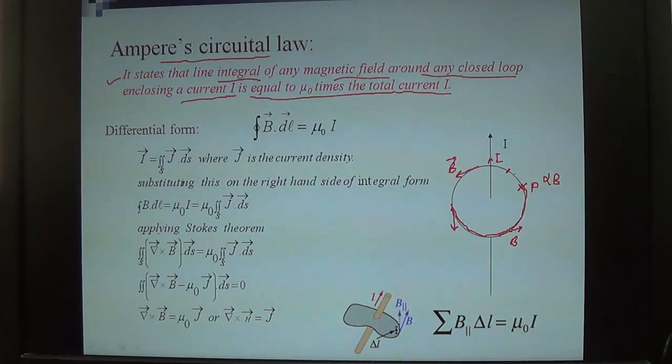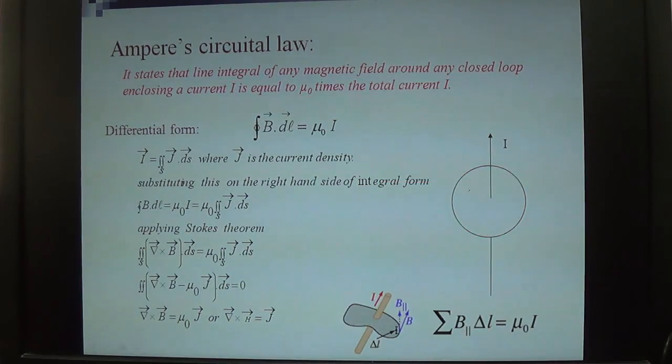If I consider a small segment of length dl, then vector dl will be in the same direction as B. So B and dl are both parallel to each other.